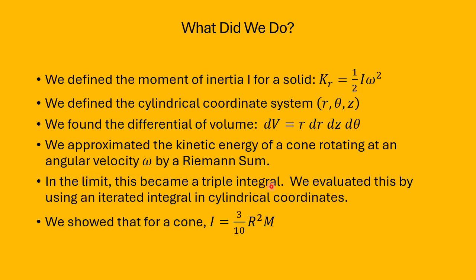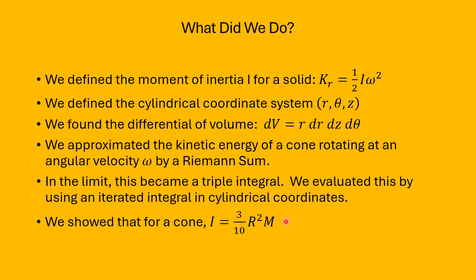We evaluated this triple integral by using an iterated integral in cylindrical coordinates. After evaluating that, we found out that for a cone, the moment of inertia is equal to 3/10 r squared times m.